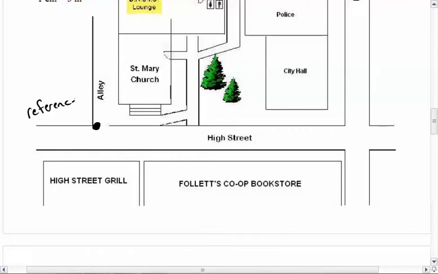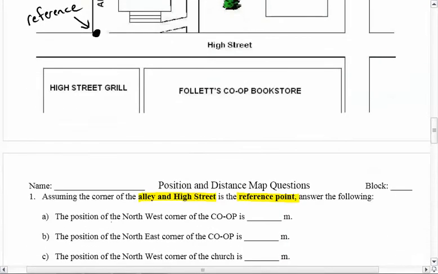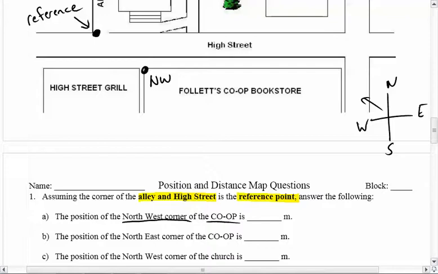Measuring from there, we're going to determine how far it is to the northwest corner of the co-op. Now I need my never eat soggy wieners. Northwest would be this side over here, so the northwest corner of the co-op would be this corner. Now I'm going to take my ruler and measure how far it is directly from here to here.